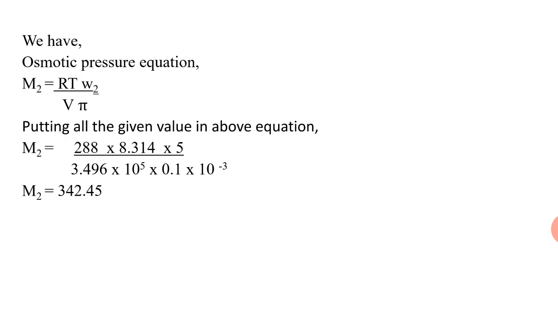Calculating all the values, we get the answer. Molecular weight is 342.45. Thus, the molar mass of cane sugar is 342.45. So student, I hope you are getting how to calculate the molar mass of the solute.